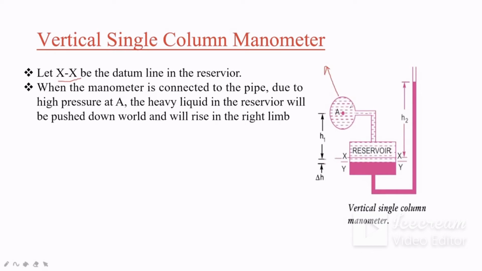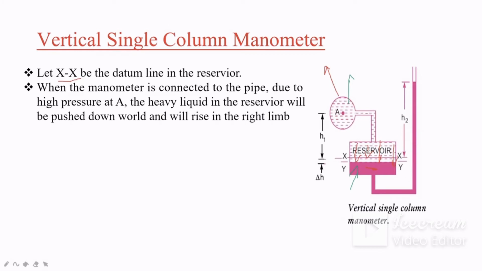Whether it is a small or big pressure, some disturbance will be there, and with that disturbance it will push the other heavy liquid. The basic principles are the same. This liquid should have a specific gravity less than the liquid considered in the right tube.